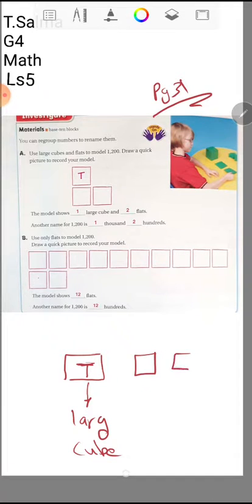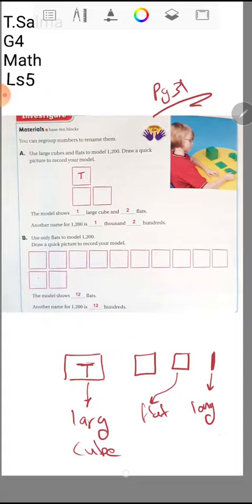Okay, guys, now I want you to know that when I said this square with T, that means large cube, which is the description for the thousands digit, and this square will be flat, which is the description for hundreds, and this line or segment, you can use it as the description for long, which is the description for the tens digit.